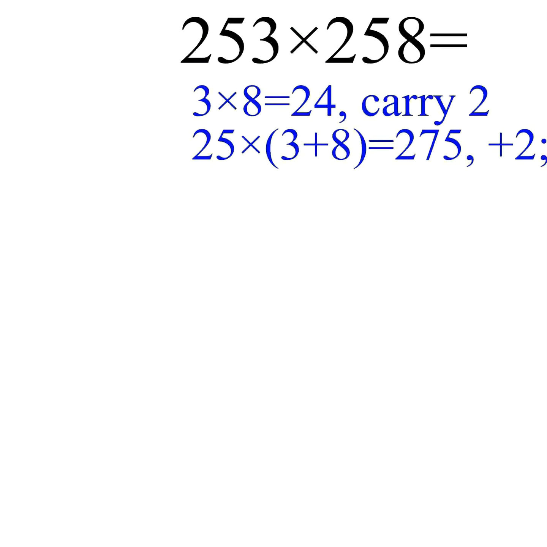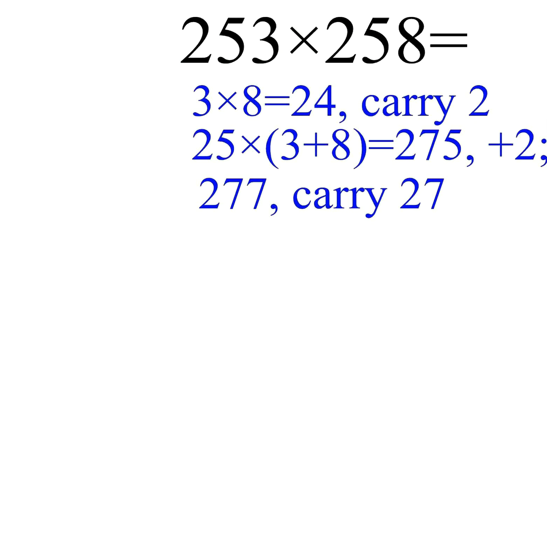So we write down 2 and 5 at the ends, and we add 5 to 2, plus the 2 we carried in the previous step would be 277, and here we carry 27, the number preceding the ones place.